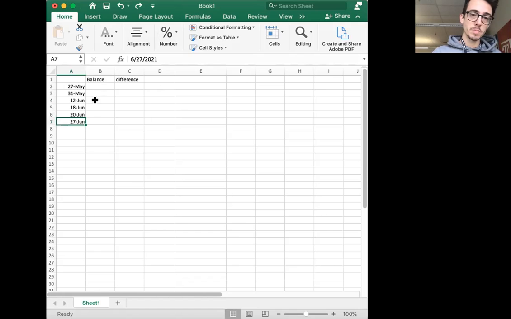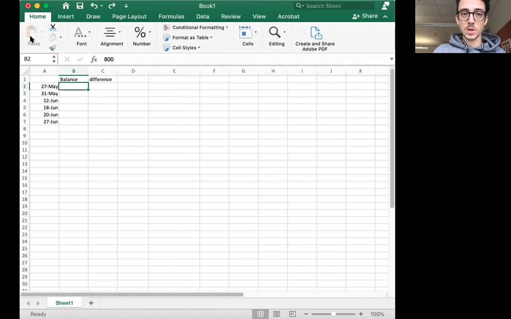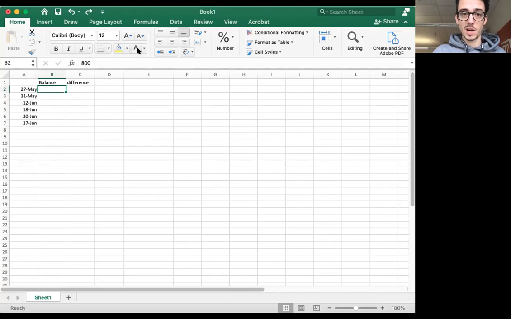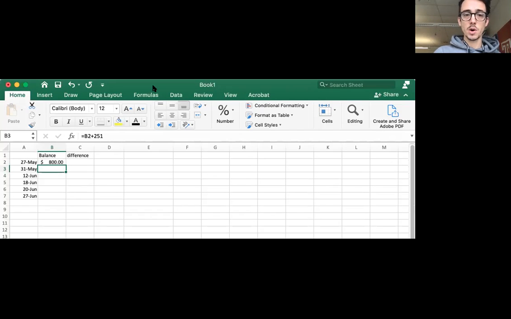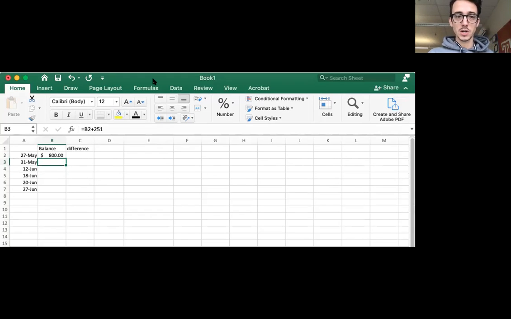The original previous balance, you've got to give respect to that. So I'm typing in that as 800, which carries over from the previous month. So we're just reiterating that. And then I'm taking into account what changed as we went into the 31st. Remember, we had that $251 purchase from Linda's Art Shop.